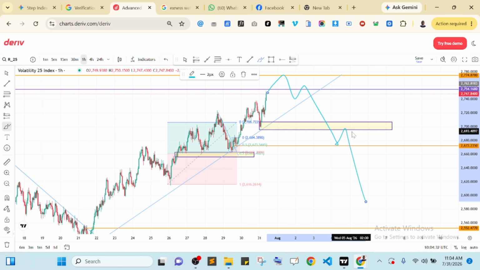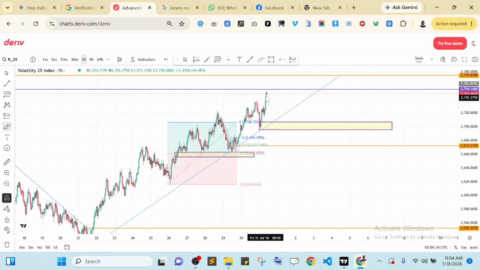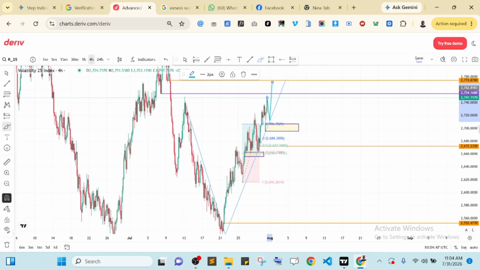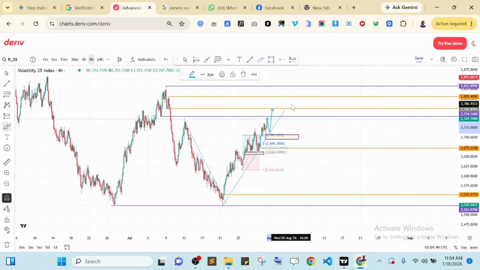But presently, what we are waiting for is this market to come to this level and push up, because the market is still moving in an upward direction. So when it gets to this level, right, I will start looking for an opportunity to sell.